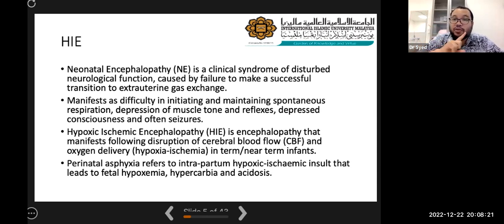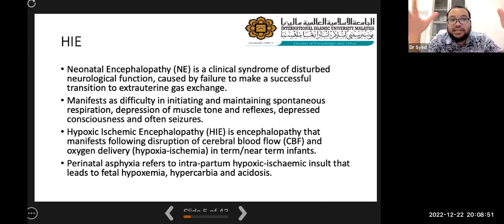Hypoxic ischemic encephalopathy is a type of neonatal encephalopathy that manifests following disruption of cerebral blood flow in a term or near term infant. So this is a huge subset. Neonatal encephalopathy is an umbrella term.